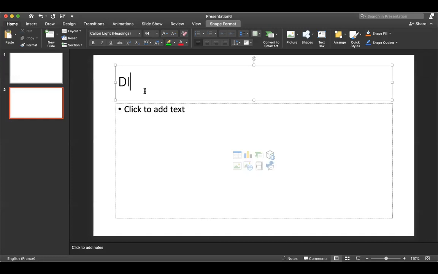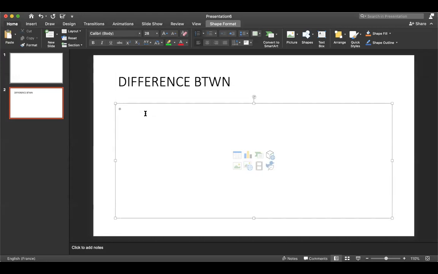So the difference between the following: fructose, galactose, glucose, mannose.